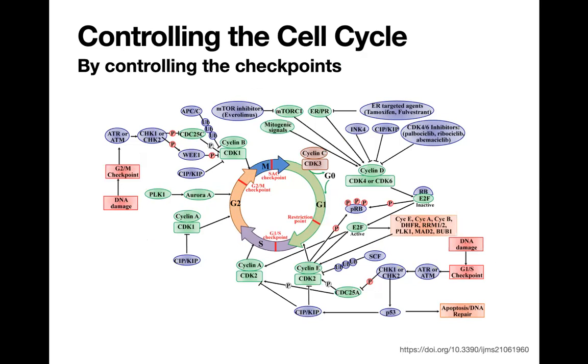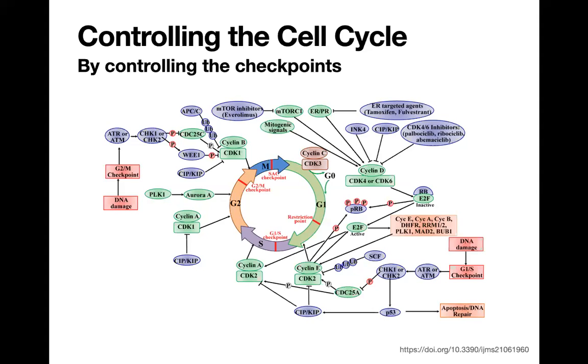These are some of the ways that either the cyclins or the cyclin-dependent kinases can be controlled. You will not be tested on this, but you can read about it. There are inhibitors of cyclins, inhibitors of the cyclin-dependent kinases, ways of causing either cyclin or cyclin-dependent kinases to be degraded, so that the checkpoints here can be used to freeze the cell in a particular stage of the cell cycle.